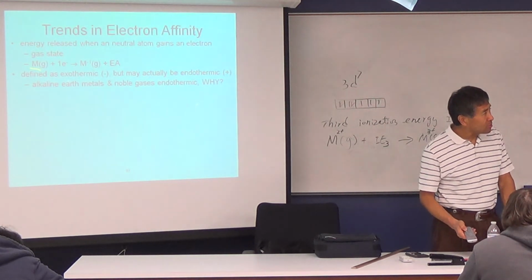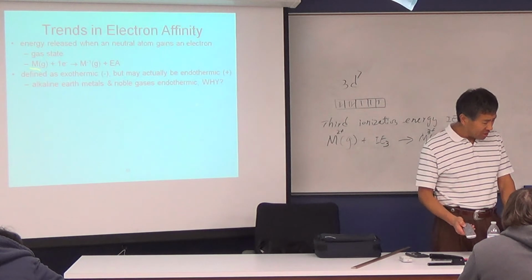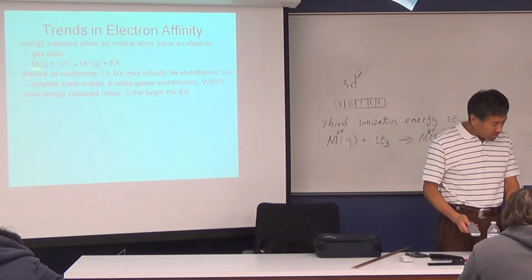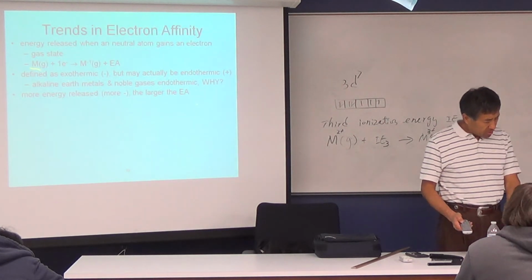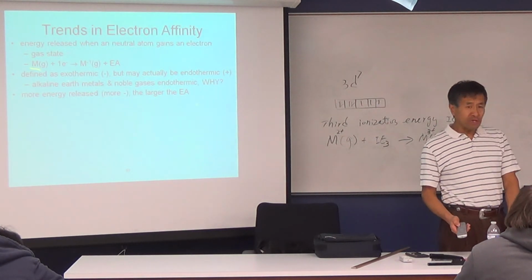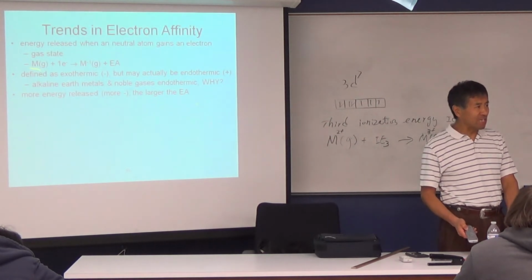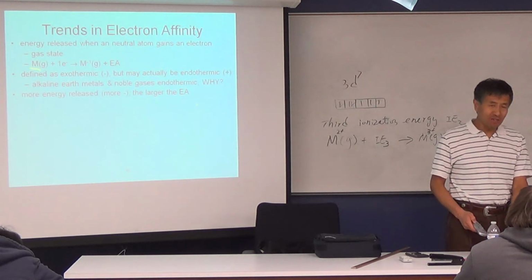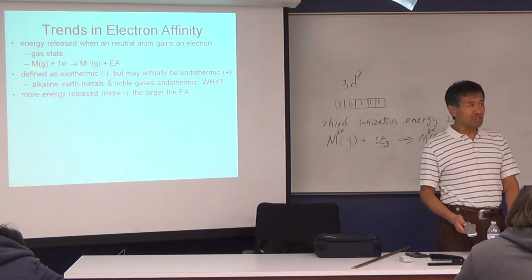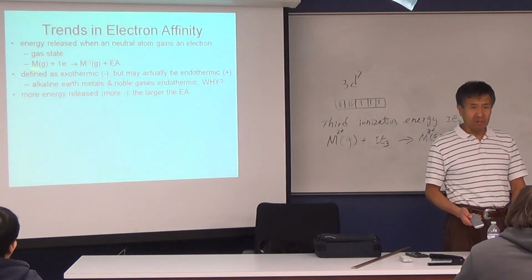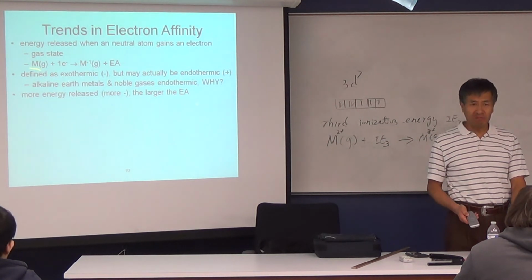So some of those group 2A and group 8A elements might have positive EA. Now we do not consider the negative or positive sign, just the number. If we see a larger negative number, that means a larger EA. Not really in the mathematical sense.